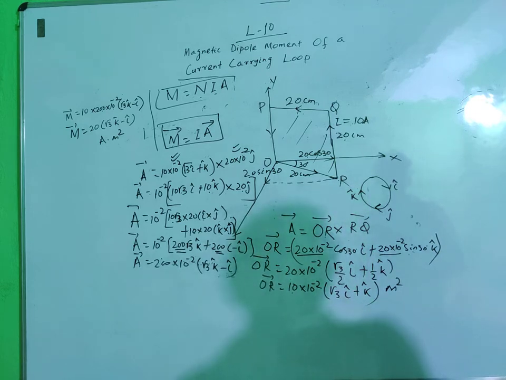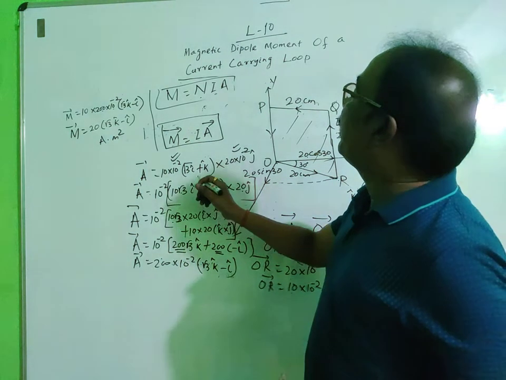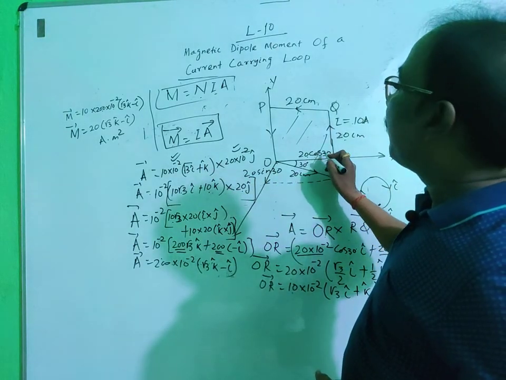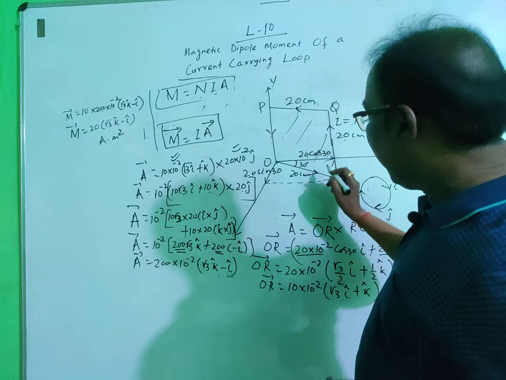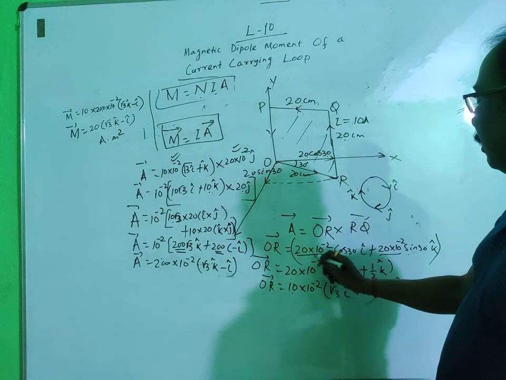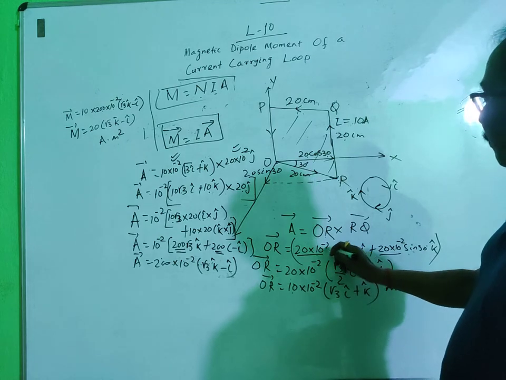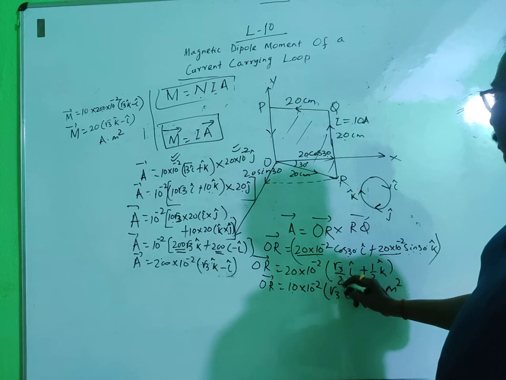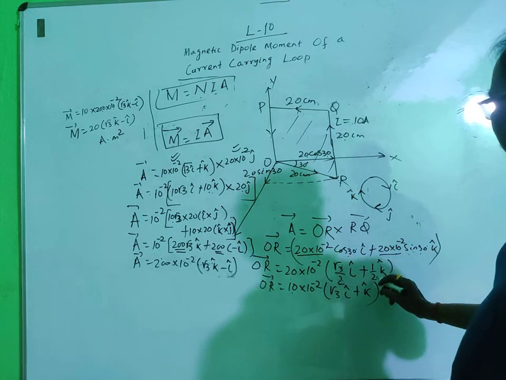Area vector, just see again, check the area vector. We first calculated OR. OR is 20 cos 30 in meter and 20 sin 30. Cos 30 is root 3 by 2, sin 30 is 1 by 2.